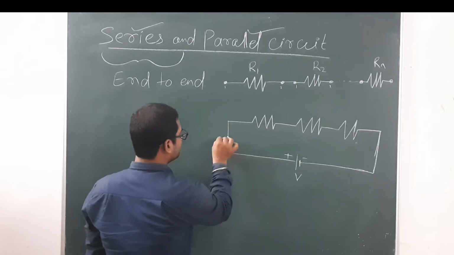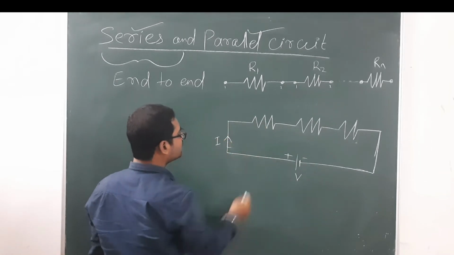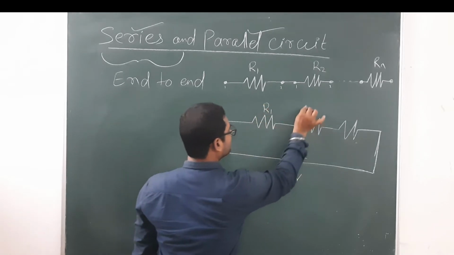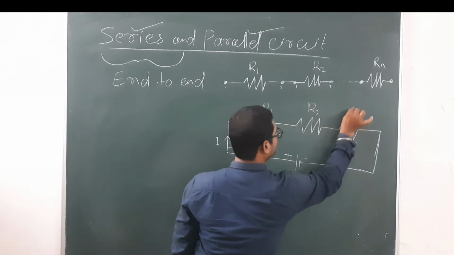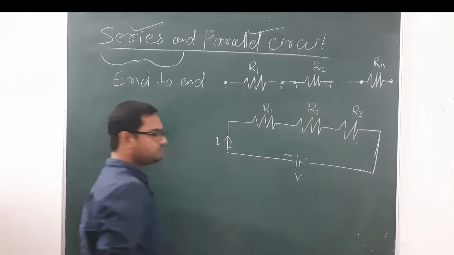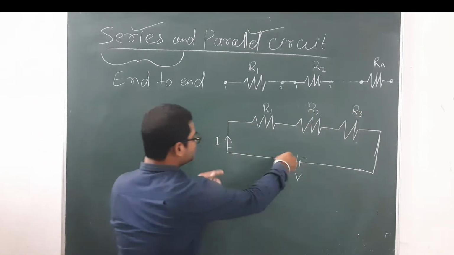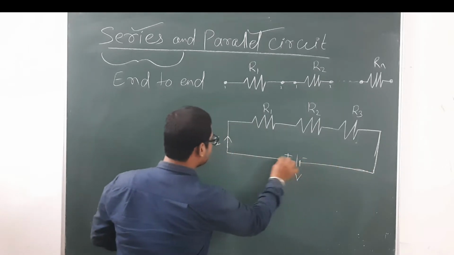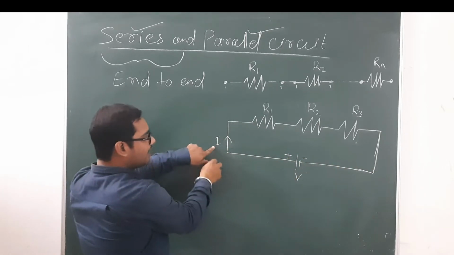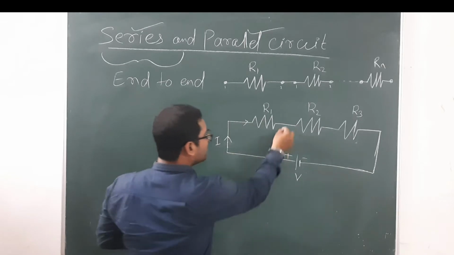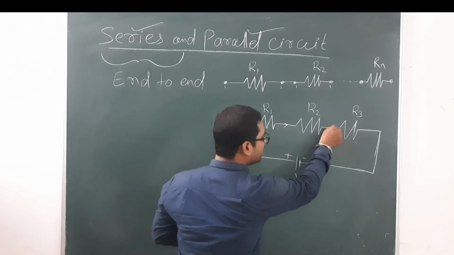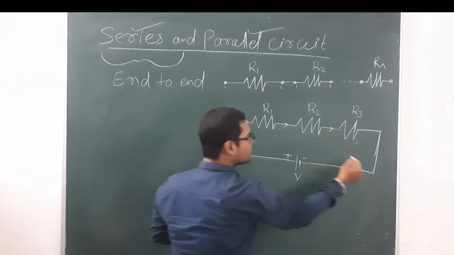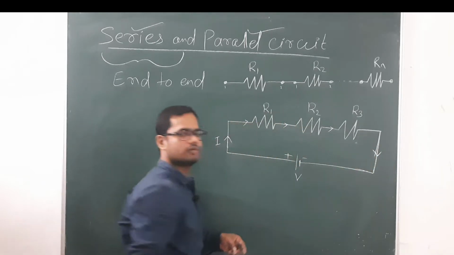The current flowing is I, and the resistances are R1, R2 and R3. The current value is the same here. In the circuit, the same current will flow through each resistor, and it will return back to the source with the same current.